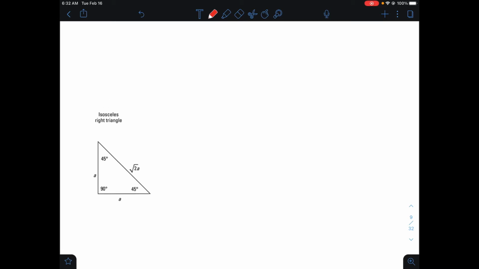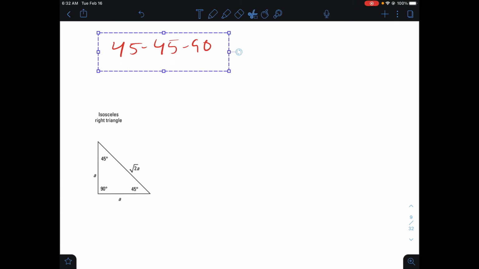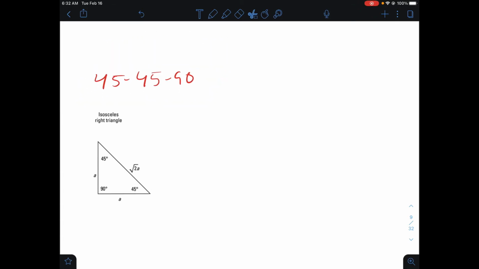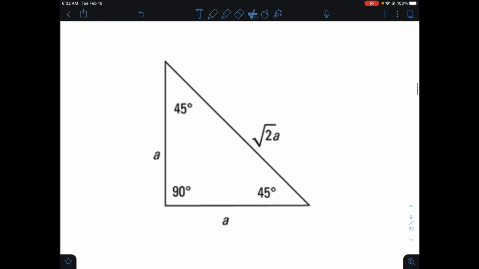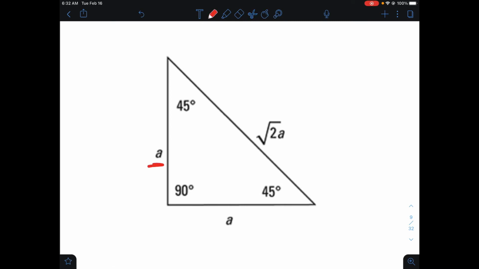All right, so we've got a 45, 45, 90 triangle here. This is a special right triangle, and it follows a special pattern. Basically, if you look here, you can see that each of the legs are going to be congruent. The legs are the guys that make up the 90-degree angle.